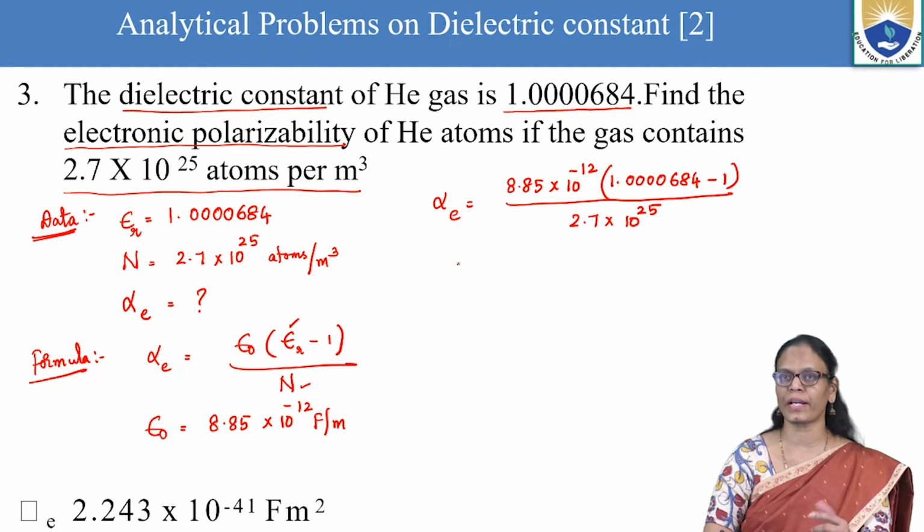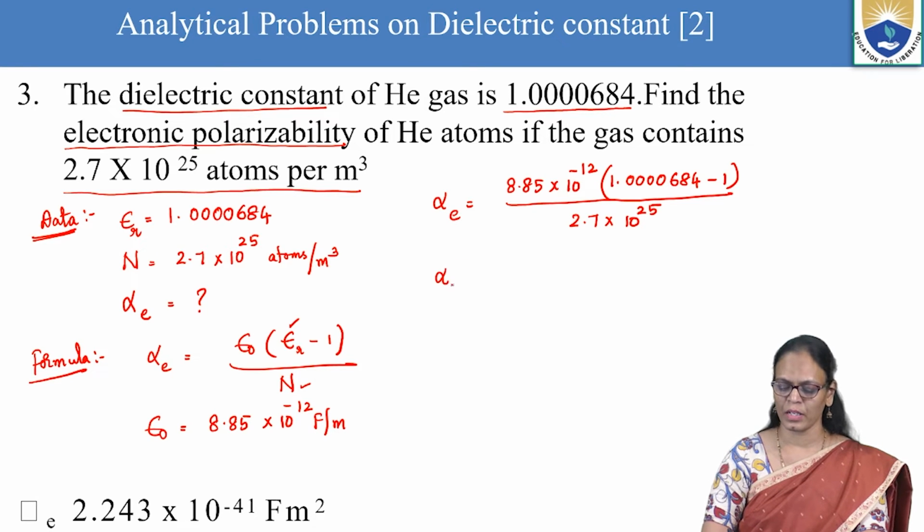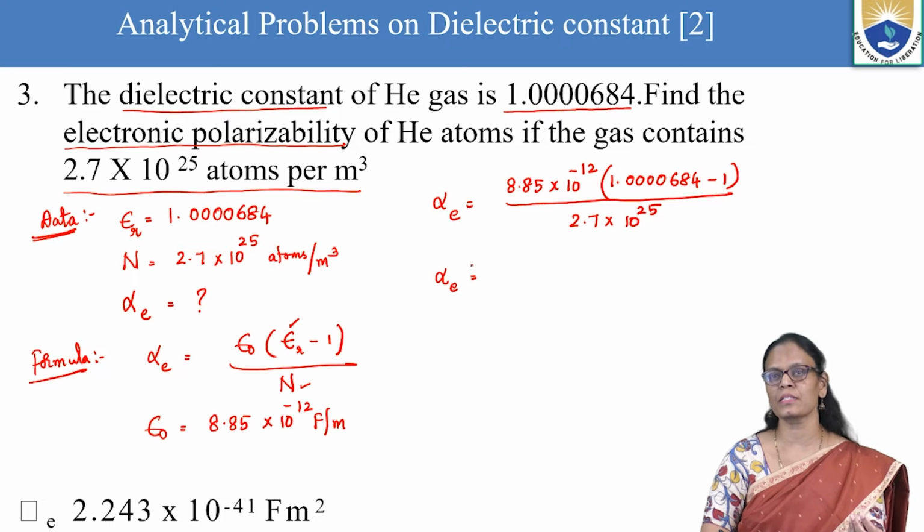So, you can use your calculator and solve the numerical directly. Whenever you are practicing it, you should be using the calculator so that you will know the functions of the calculator, what all you can use.